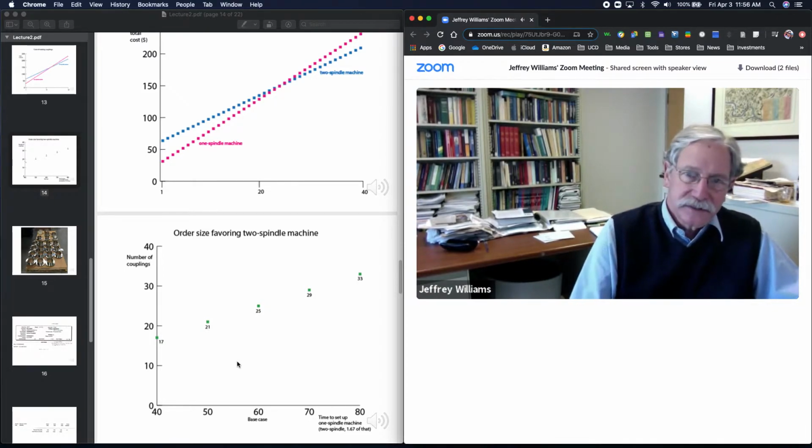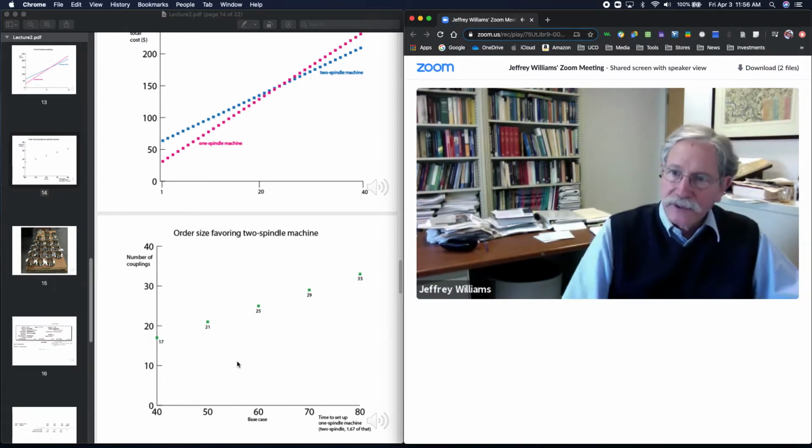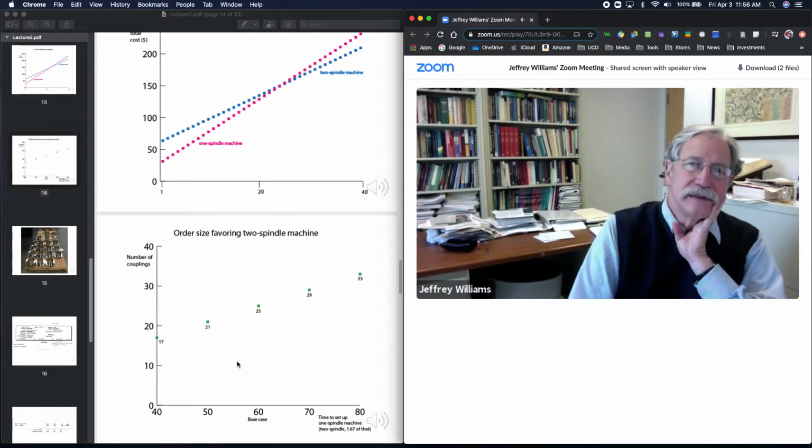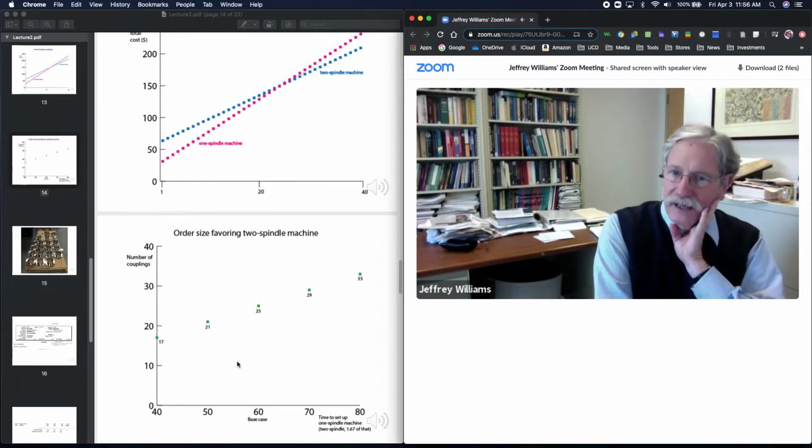But that leads us to think about what is this relationship that I plotted in this graph? 17, 21, 25, 29, 33. It's a line, but my question isn't that it's a line, but what is it mathematically? If you think of the analytical solution, I'm saying where's the crossover point is a function of all those parameters.